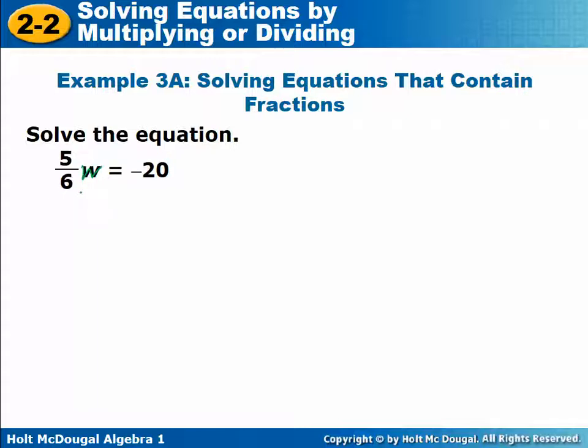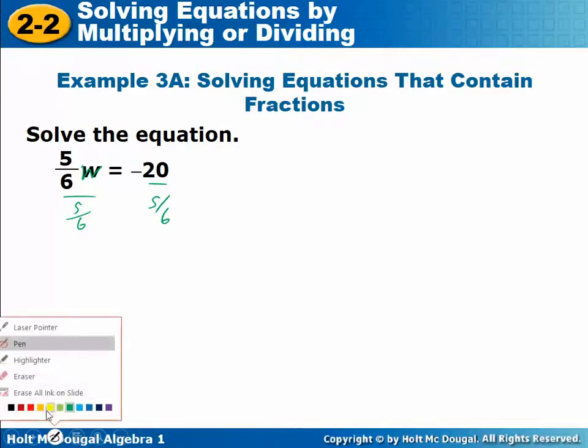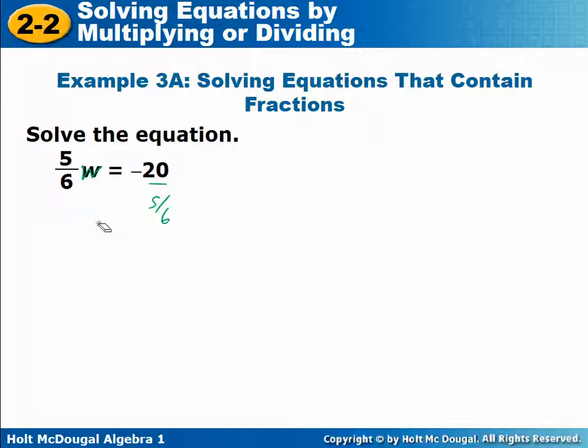Now we could divide both sides by 5/6. That's legitimate. But that's a little bit time consuming, and when you divide by a fraction, the rule is to multiply by the reciprocal. So instead of taking this extra time to divide by the fraction, we're going to multiply both sides by the reciprocal right away.